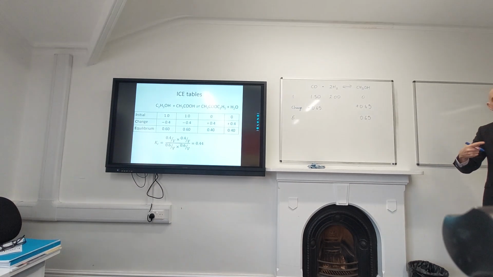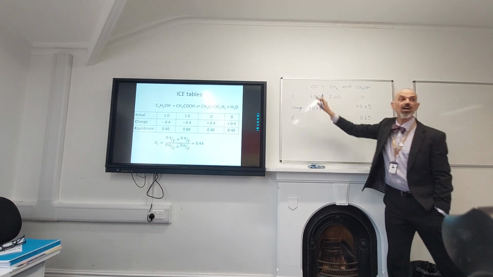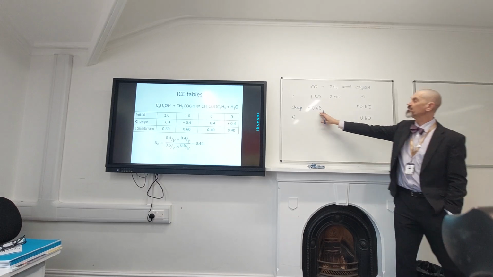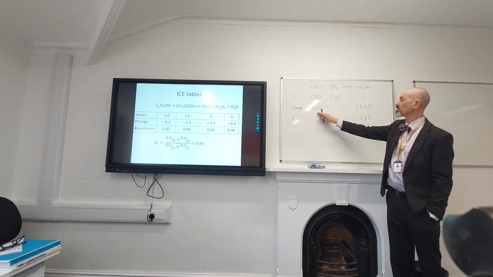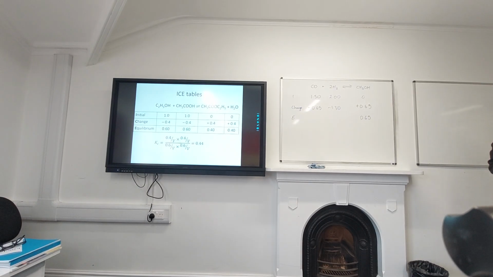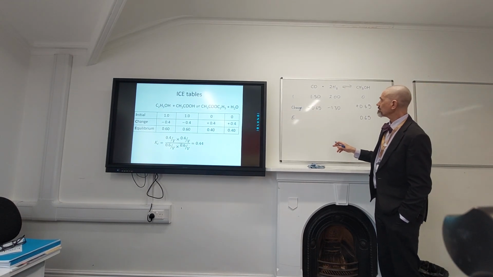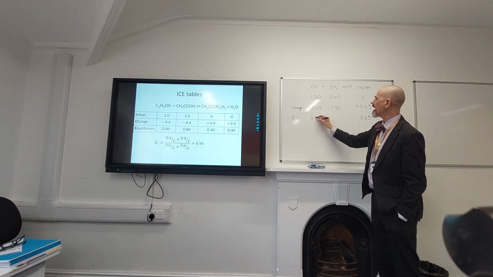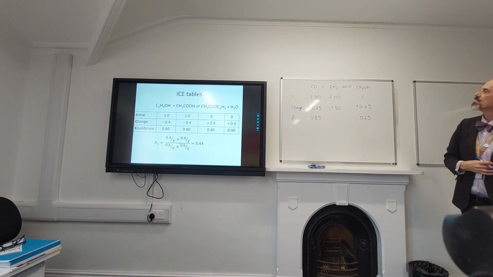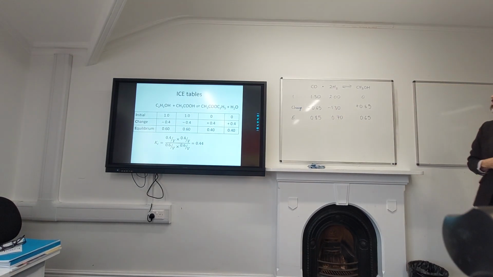Minus 1.3. We use up 2 hydrogens for every carbon monoxide we use up. So if I've used up 0.65 carbon monoxides, I must have used up 1.3 hydrogens. Okay. So we've now got 0.85 carbon monoxide, 0.7 hydrogen and 0.65 methanol.